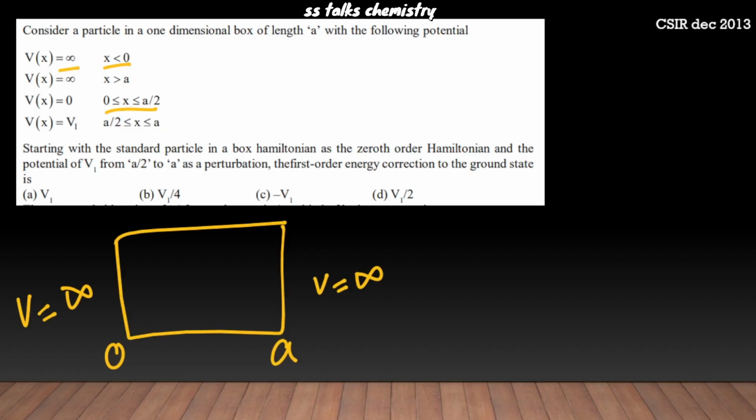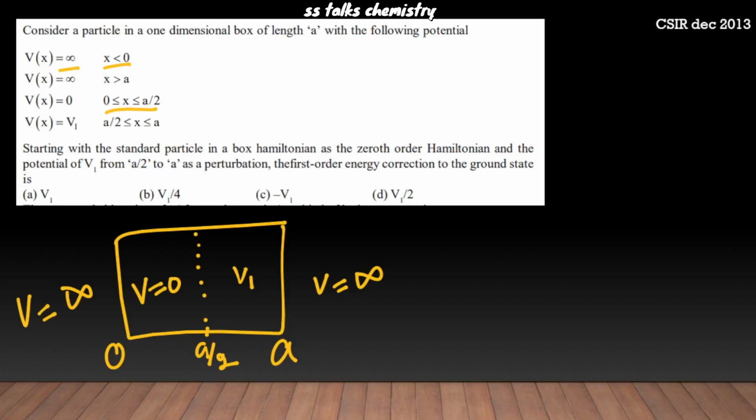In between, the midpoint has been considered, so this is A by 2. The potential V0 is 0 between 0 and A by 2, and in the region A by 2 to A, the potential is V1.